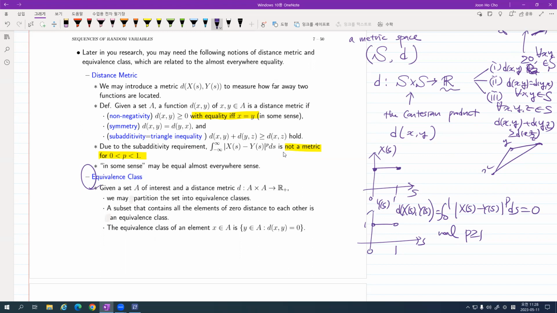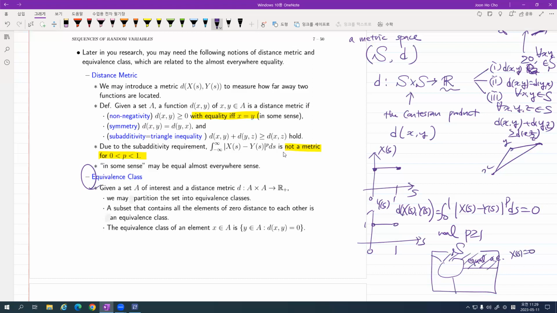So in this case, for example, given the set of all functions on the same domain, the entire set S can be partitioned into subsets called classes. For example, in this subset, they are equal, almost everywhere, to x of s equals 0.